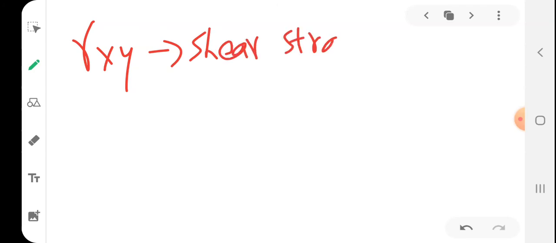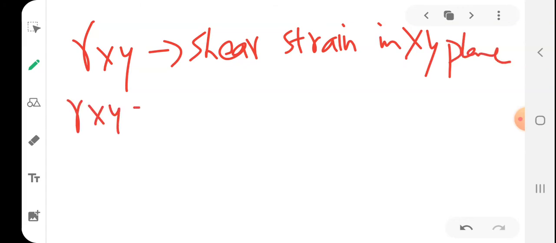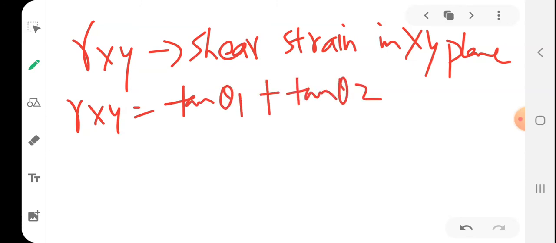Now we can write gamma xy, the shear strain in xy plane, is nothing but gamma xy is equal to tan theta 1 plus tan theta 2. If theta 1 and theta 2 are in radians and very small in value, then it can be approximated as theta 1 plus theta 2. Don't worry.